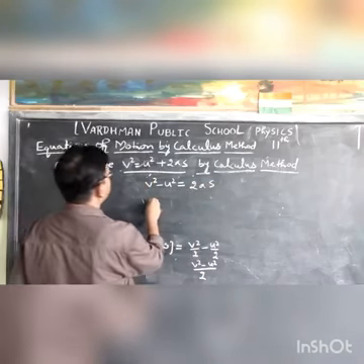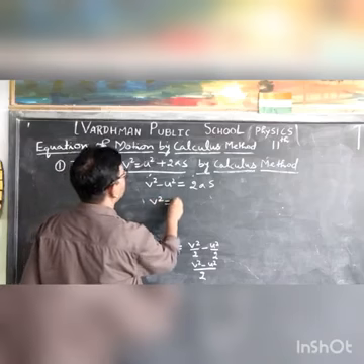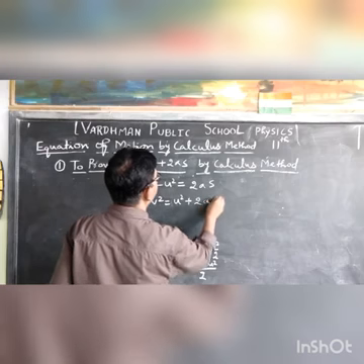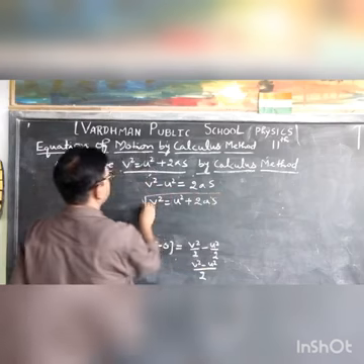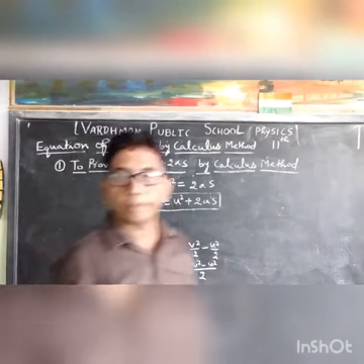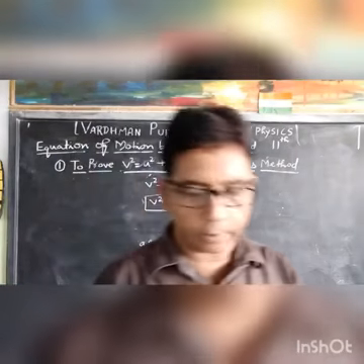This can also be written as v square is equal to u square plus 2as. This is the third equation of motion by calculus method.